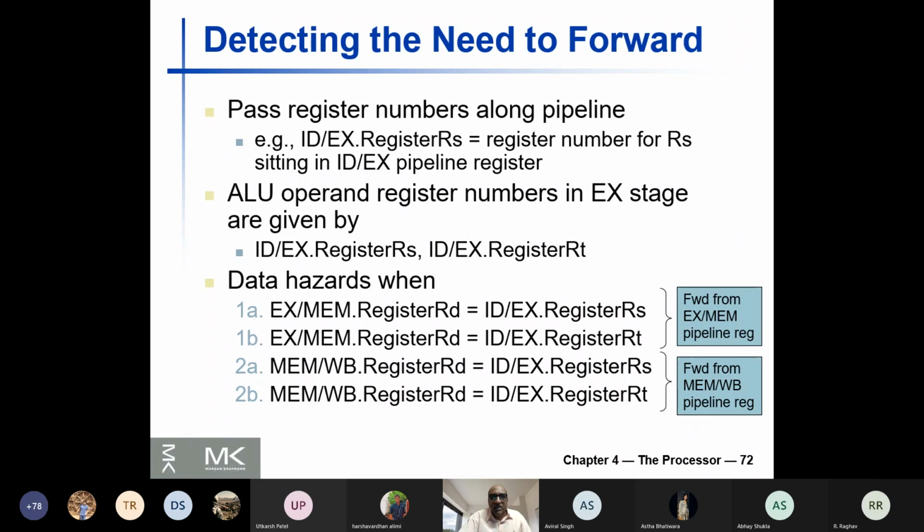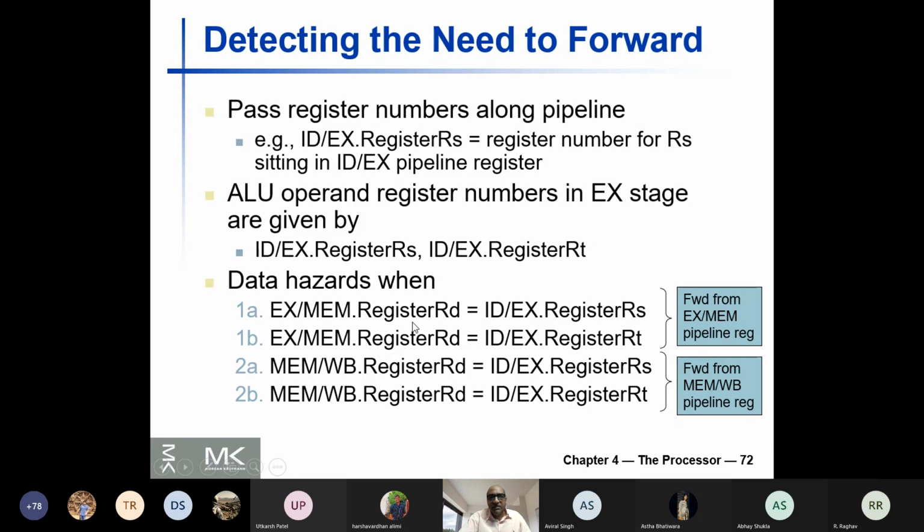Now if you check that the register operands required for execution are the same as the register RD into which the values need to be written, if the register identities are the same, then we say that a hazard happens. There is a hazard, and we can handle it by forwarding.